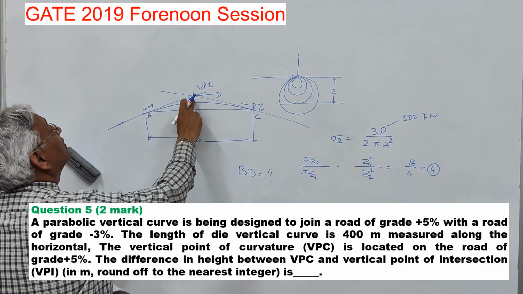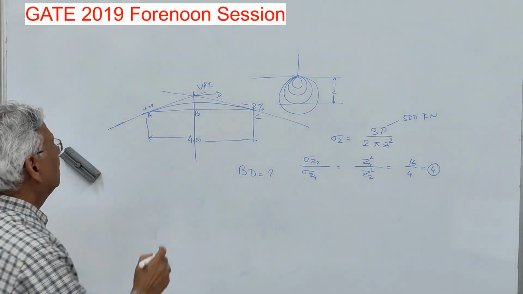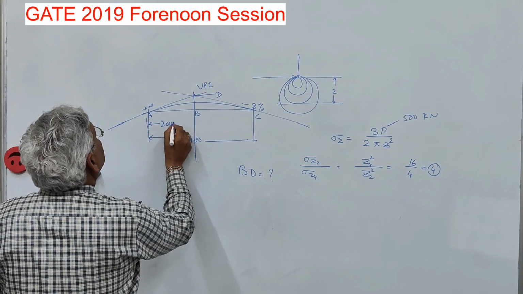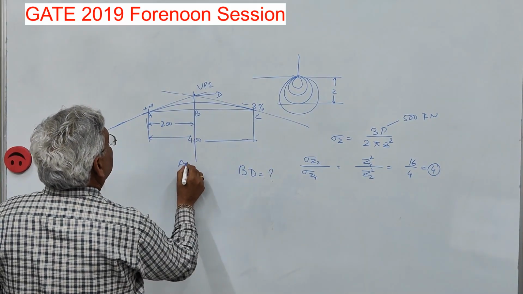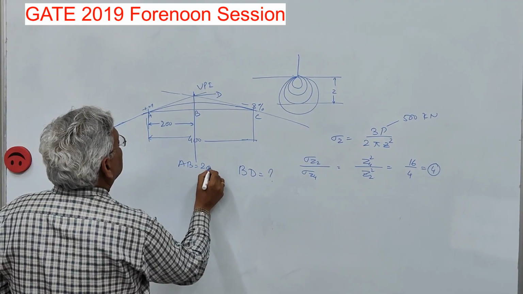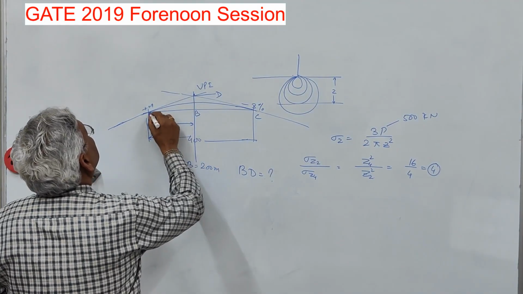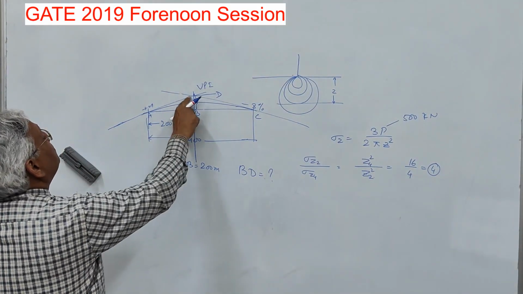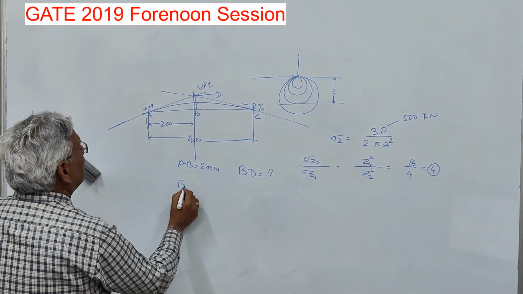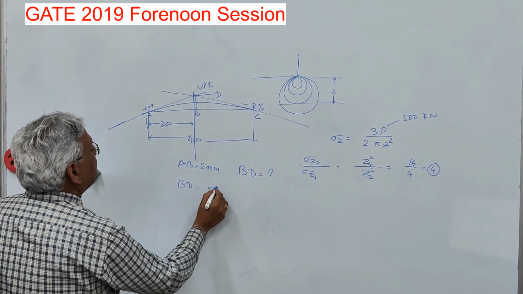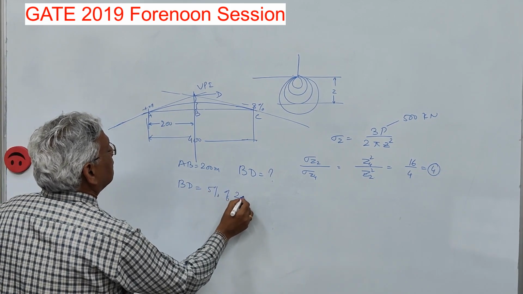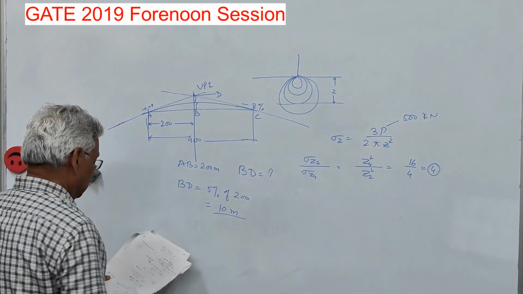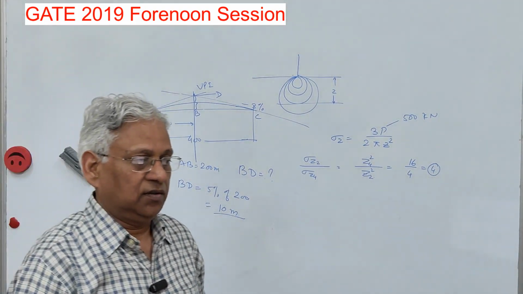What is the distance BD? Now, this is 400 meter total length, so this becomes 200 meter. AB is 200 meter. And this height will be achieved at a gradient of 5%, and therefore BD will be 5% of 200, that is 10 meter. That is the answer to this question.